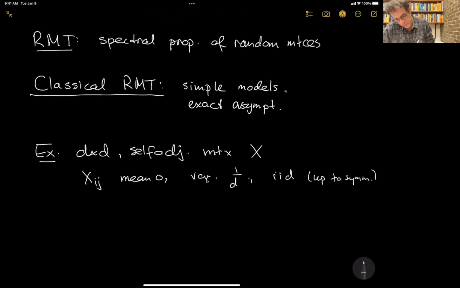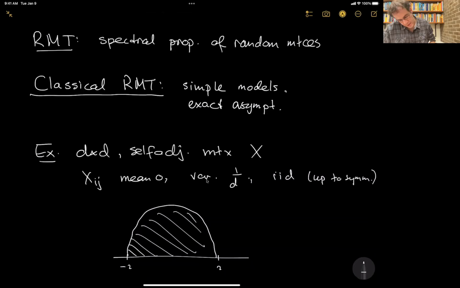So I fix the distribution and I let the dimension go to infinity, and then you can ask, what does the spectrum do? The most classical result in this area is that if I draw a histogram of the eigenvalues, you start seeing this beautiful semicircle distribution. So the histogram of the eigenvalues behaves deterministically as the dimension goes to infinity. And the largest eigenvalue converges to 2, and the smallest eigenvalue converges to -2.